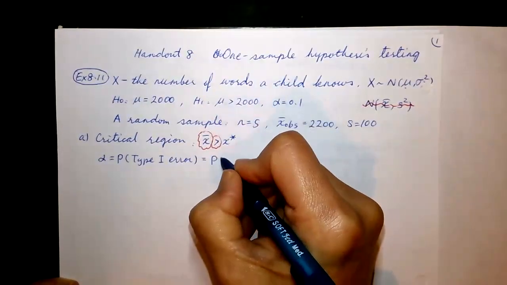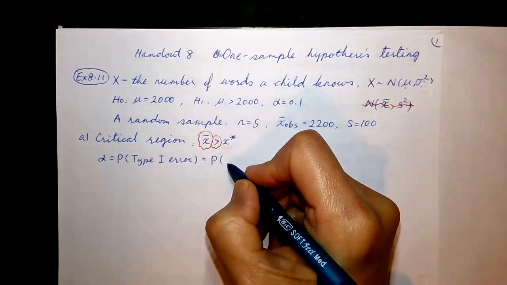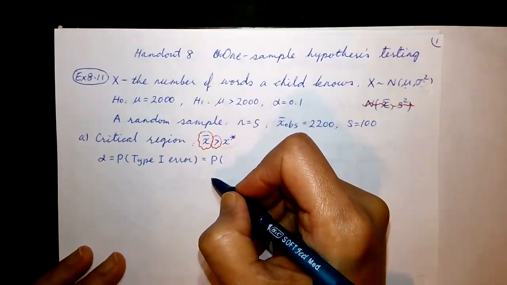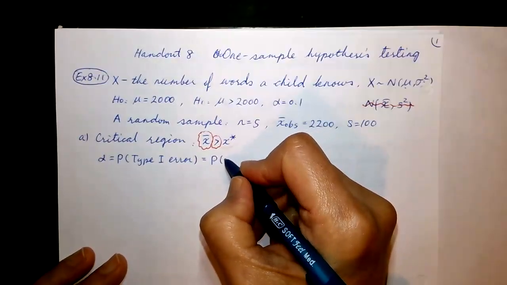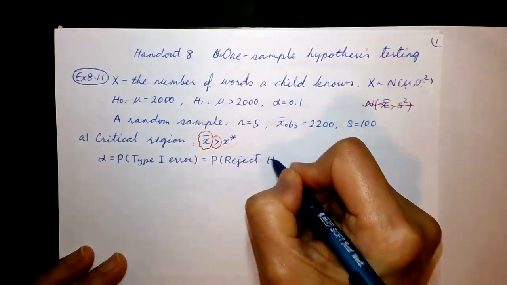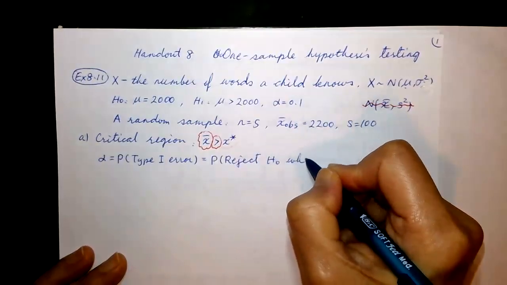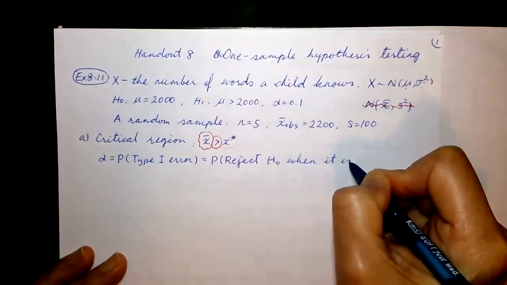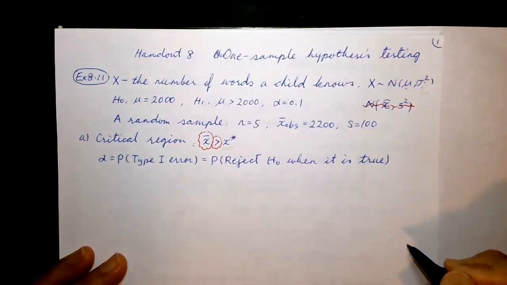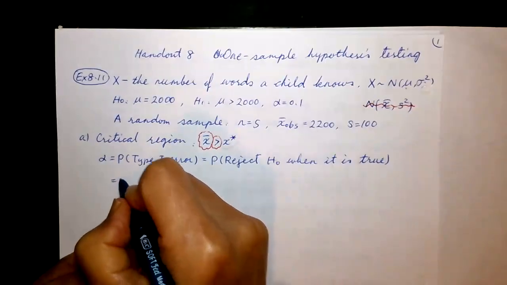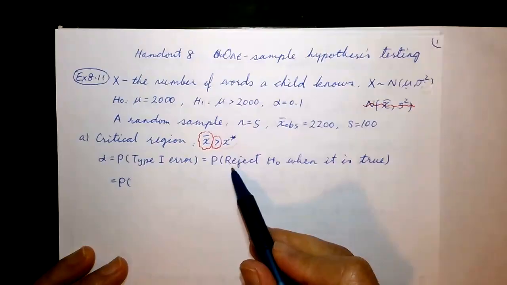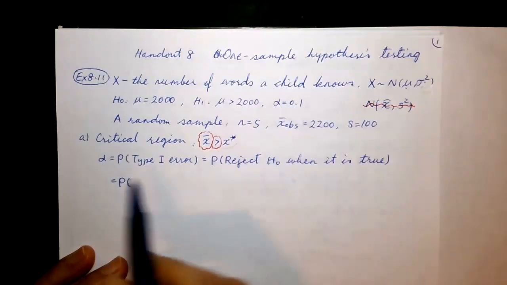Make sure you write all the steps, okay? Don't cut corners. What's the definition of type 1 error? It is you reject H naught when it's true. Then what would make you reject H naught?